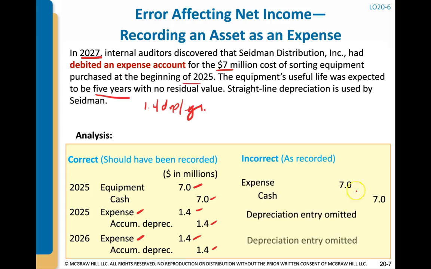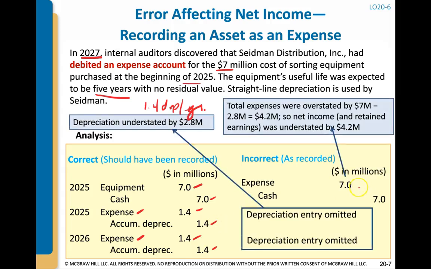But instead, what happened is that in 2025, we debited expense and credited cash, and we omitted the depreciation entry both at the end of 2025 and in 2026. So let's see how this affects our retained earnings.